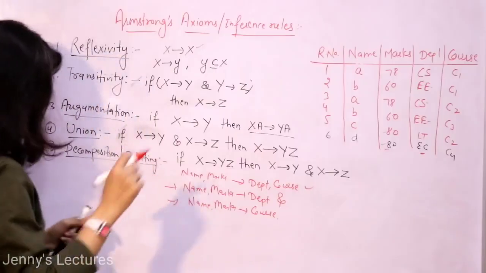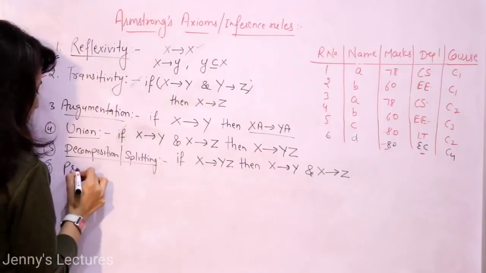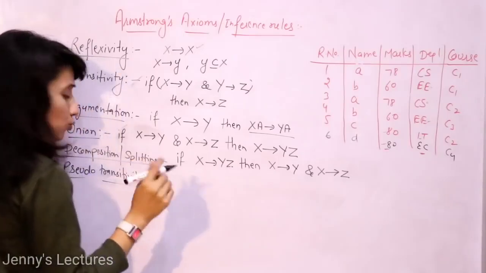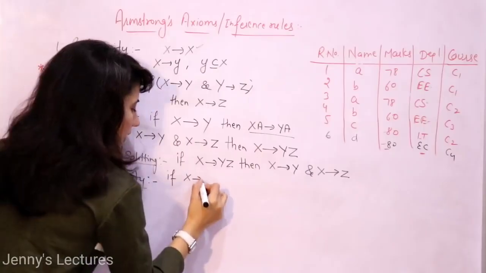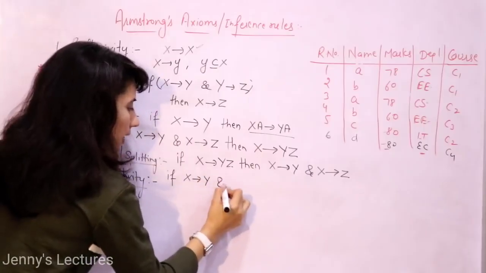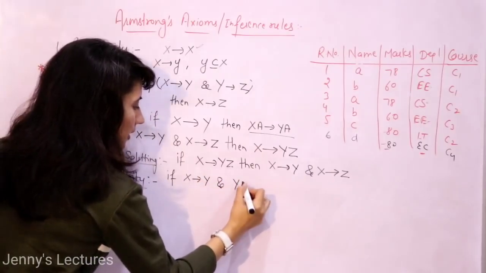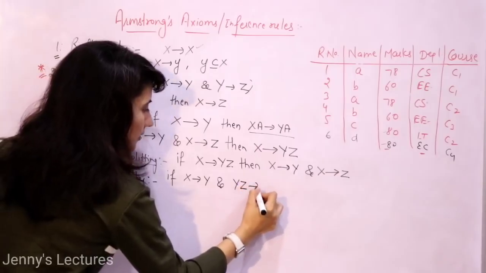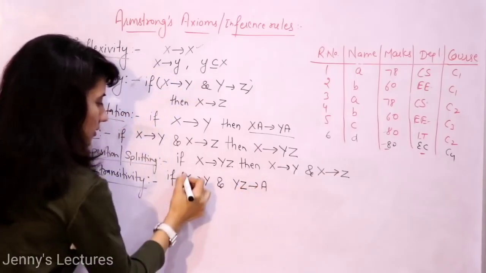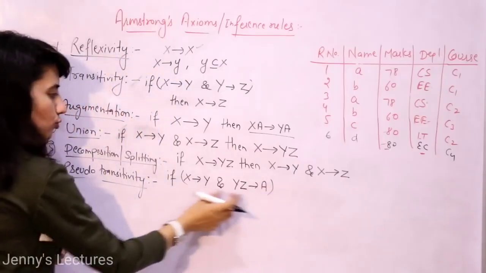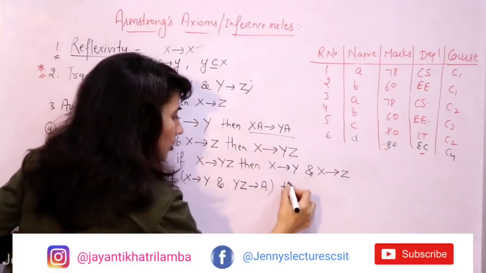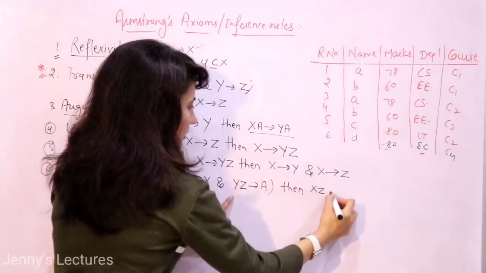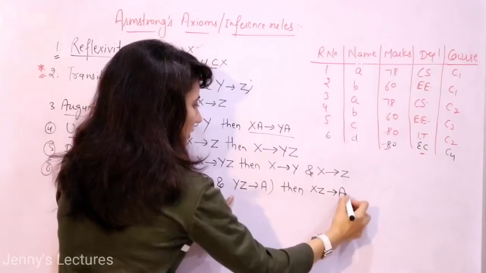So the next rule is pseudo transitivity. What is this pseudo transitivity rule? See, here you can write: if x determines y and yz determines a, suppose these two functional dependencies are there on a given table, then definitely you can say xz will determine a.